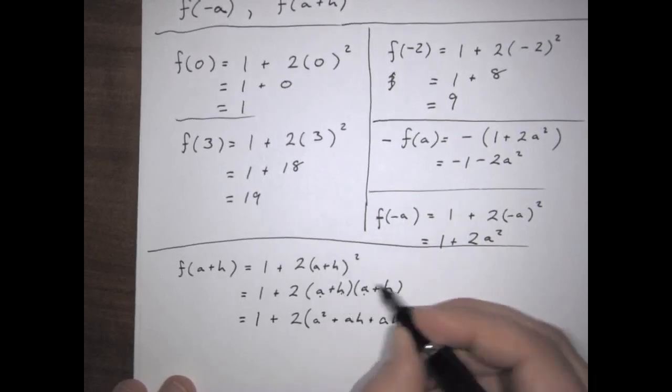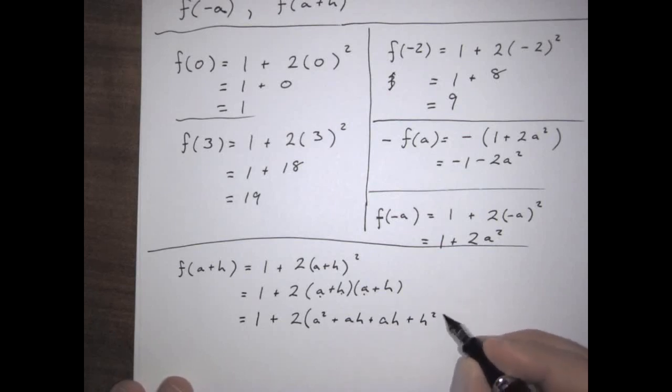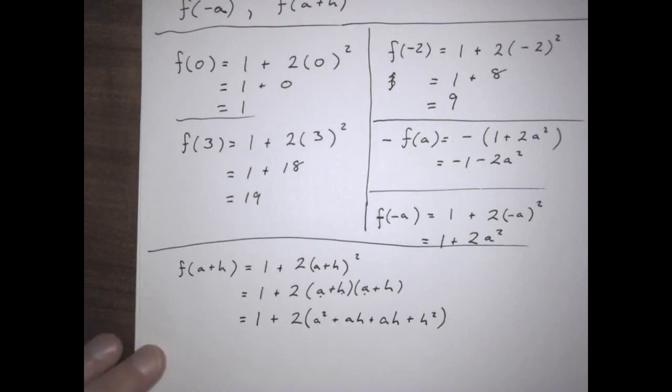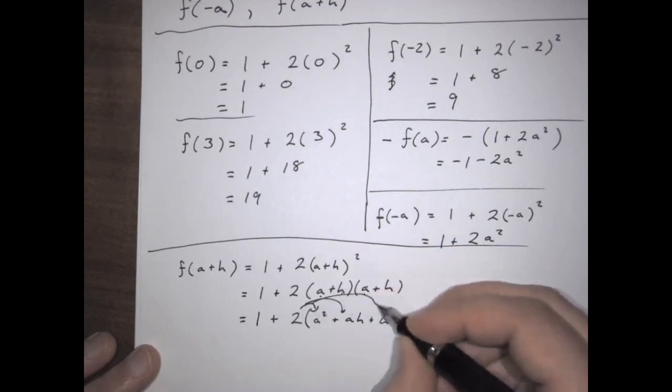And then finally here we're going to have an H times an H, which is going to make an H squared for the final factor. Now I put parentheses around this entire result because there was a 2 that was being multiplied by this entire factor. So this is going to have to be distributed to all the pieces.